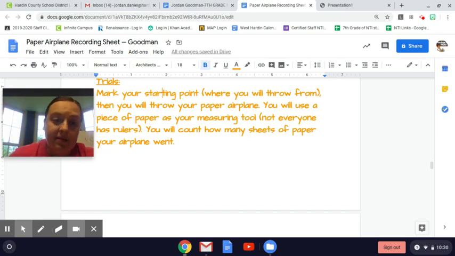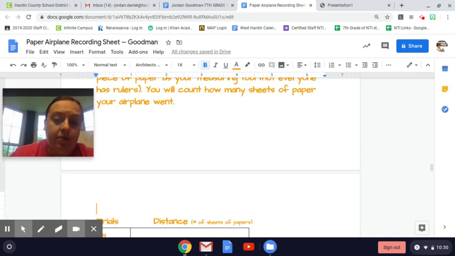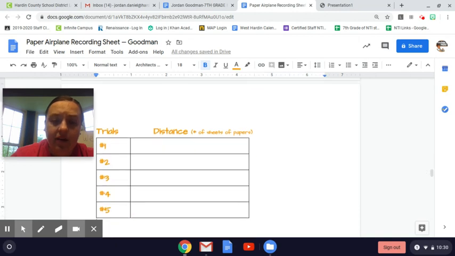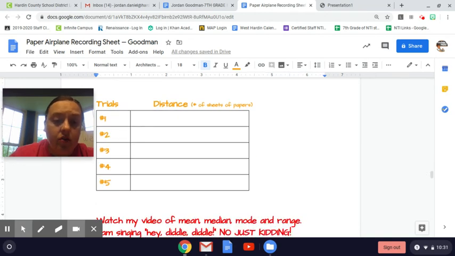From there, you're going to take pieces of paper and measure how far your paper airplane went. Down here will be the trials. You're going to throw your paper airplane 5 times, and you're going to put how many sheets of paper it was for each one.